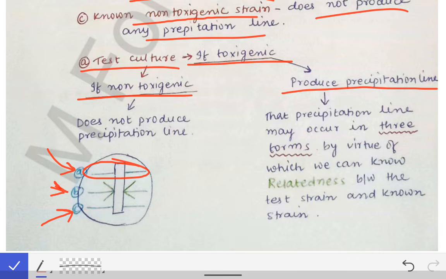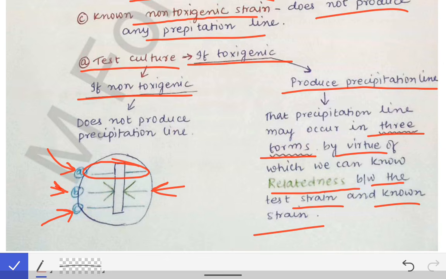Now that precipitation line may be formed in three forms, and by virtue of the formation of those precipitation lines, we can know about the relatedness between the test strain and the known strain. This B is the known strain and this A is the test strain. So we can know the relatedness between these two by virtue of the precipitation line.